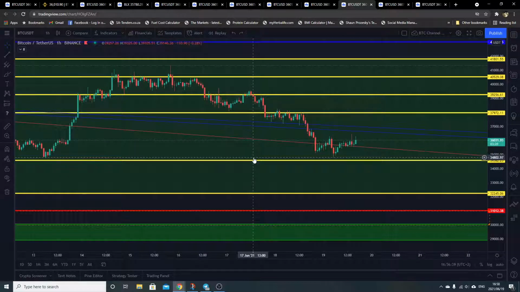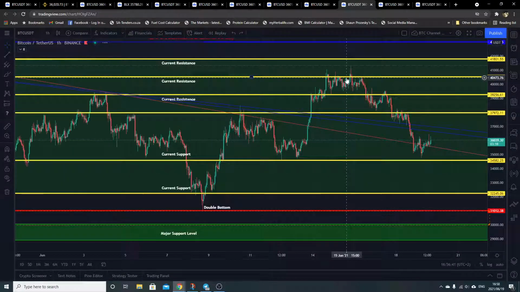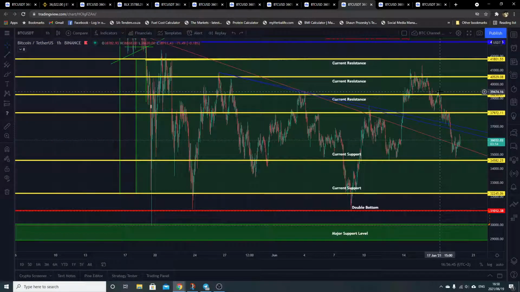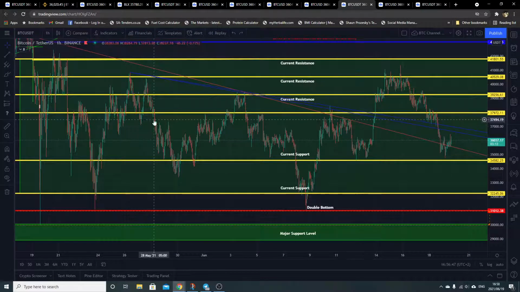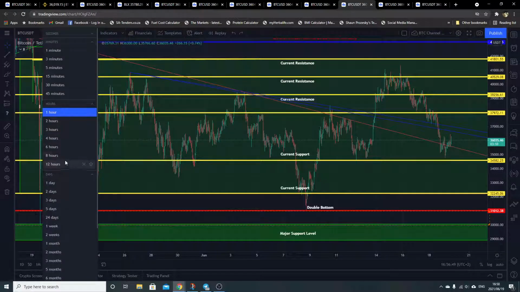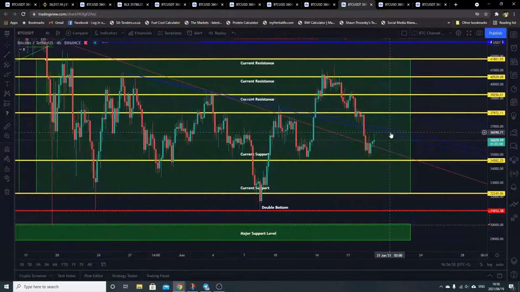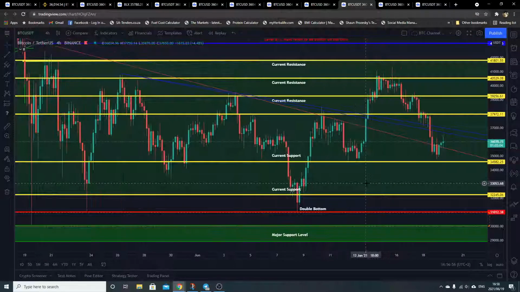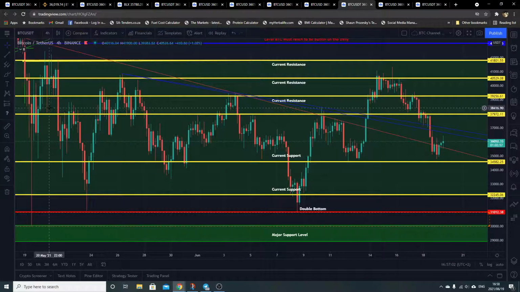Then I'm just going to touch on this as well. This is the current range we are sitting in. Let me make it a little bit easier. Let me do a 4-hour. All right, so we are now sitting in this current trading zone. Remember I said to you before what the trading zone is?